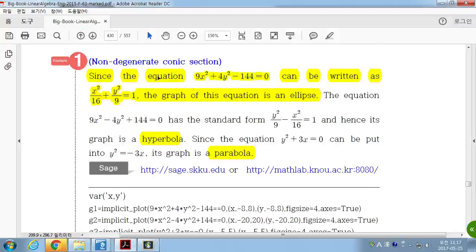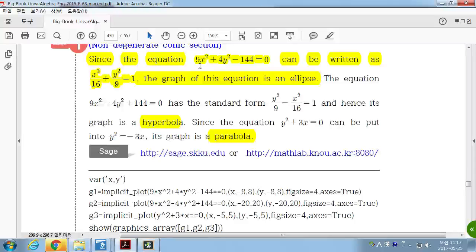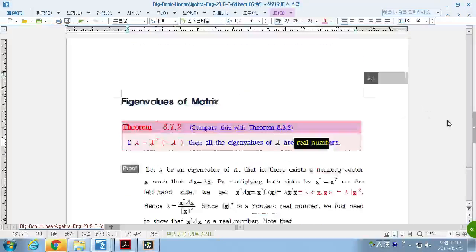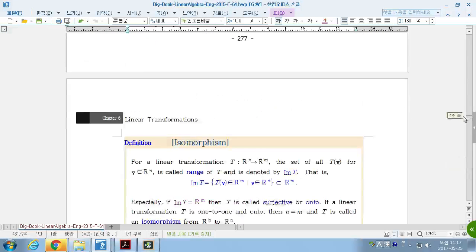First, non-degenerate conic sections. 9x squared plus 4y squared minus 144 equals 0 can be written as x squared over 4 squared plus y squared over 6 squared is equal to 1. There was an erratum here, and I think I fixed it.